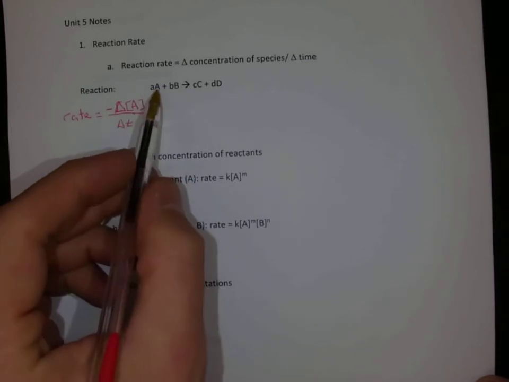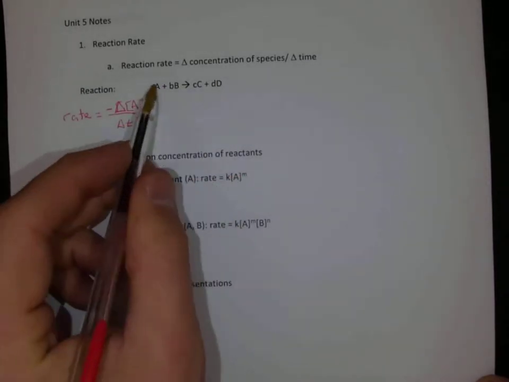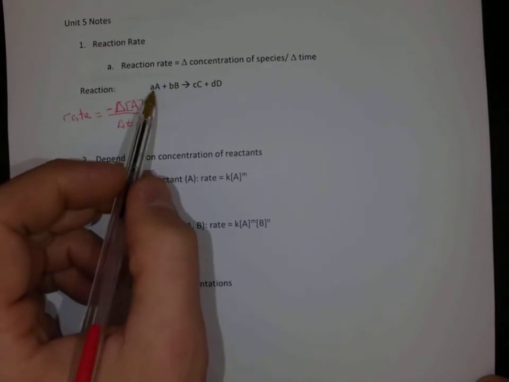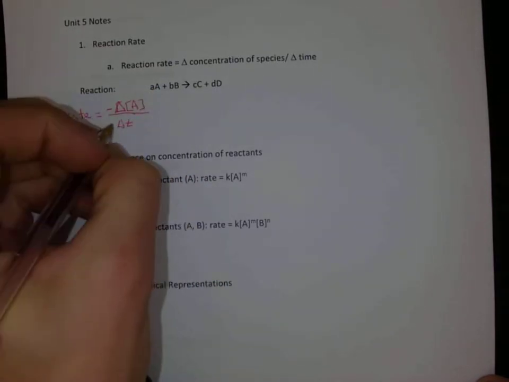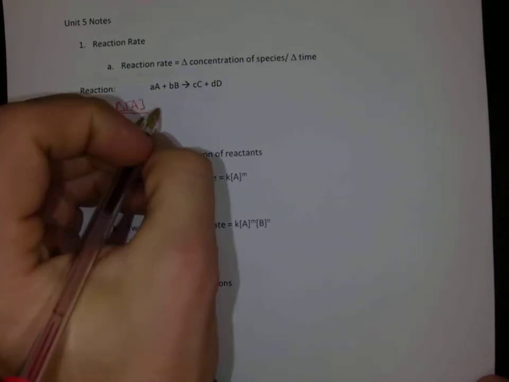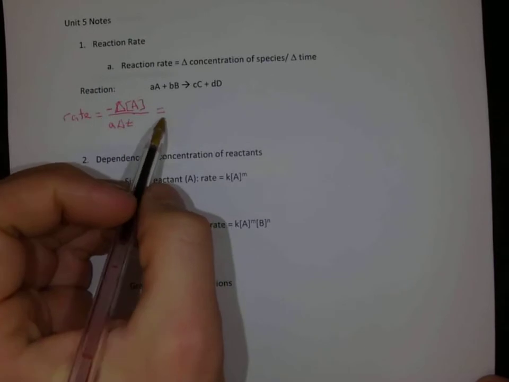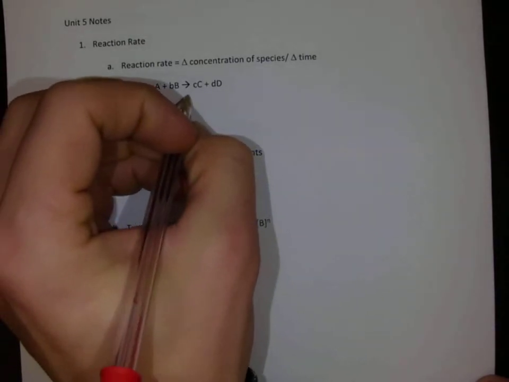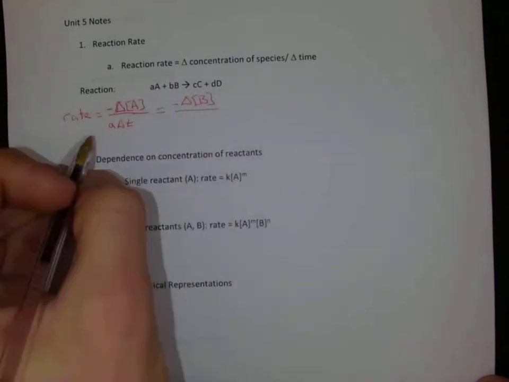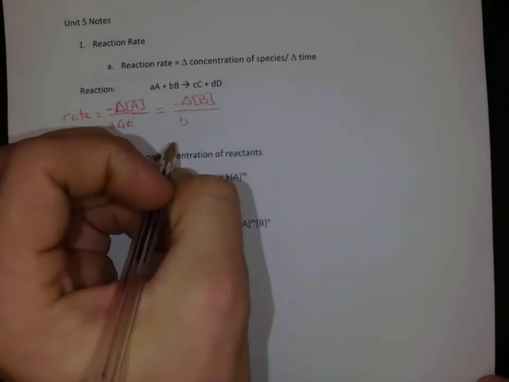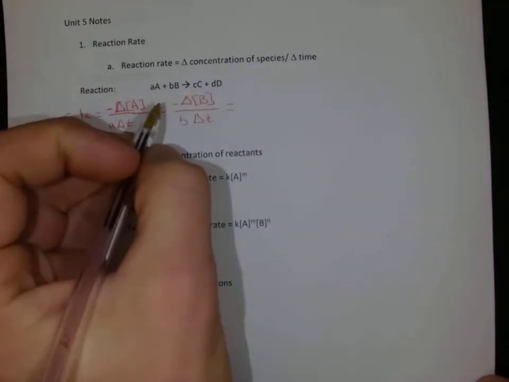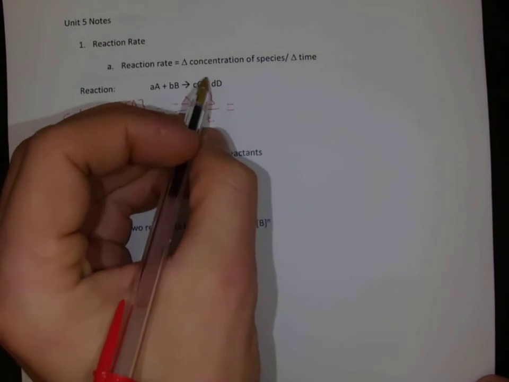But if I wanted to relate this to my other pieces, I would need to relate it using the stoichiometric coefficients. The stoichiometric coefficient for A here is lowercase a, so I would put that down in the bottom out front. This rate is going to be equal to the loss of B, with a stoichiometric coefficient of lowercase b, over time. But this rate is also equal to how much of C I'm getting.